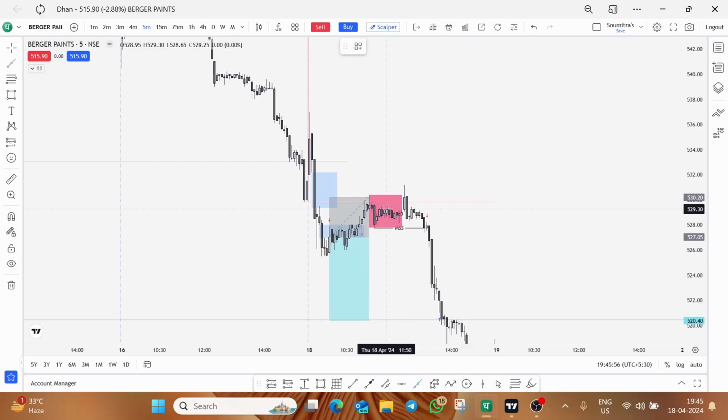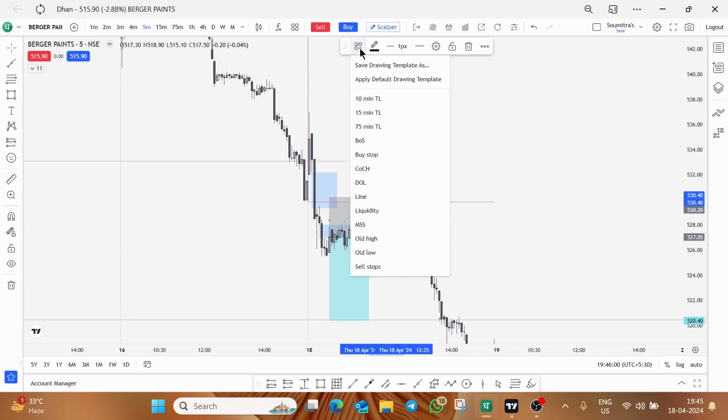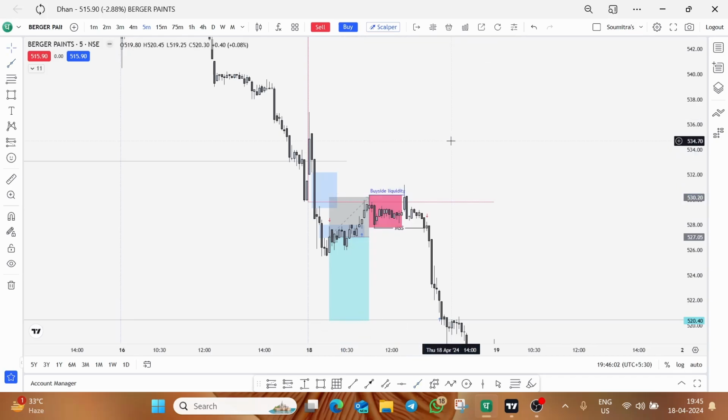So this was the buy side liquidity taken here, and then falls, creating a market structure shift here.